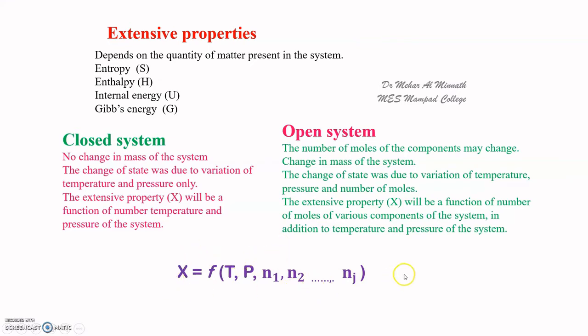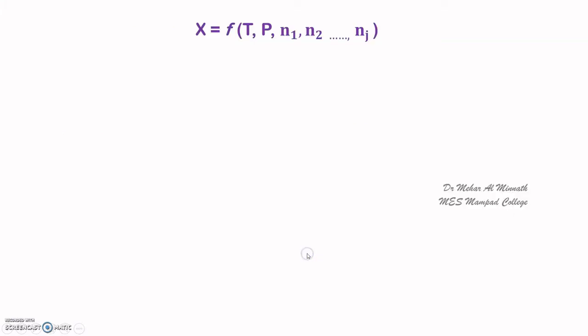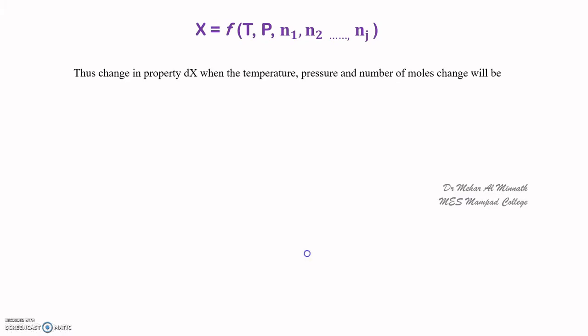It is related to this that we are going to discuss. Since the extensive property is a function of the number of moles of the components in the open system, we have to consider those too. So we have this equation.